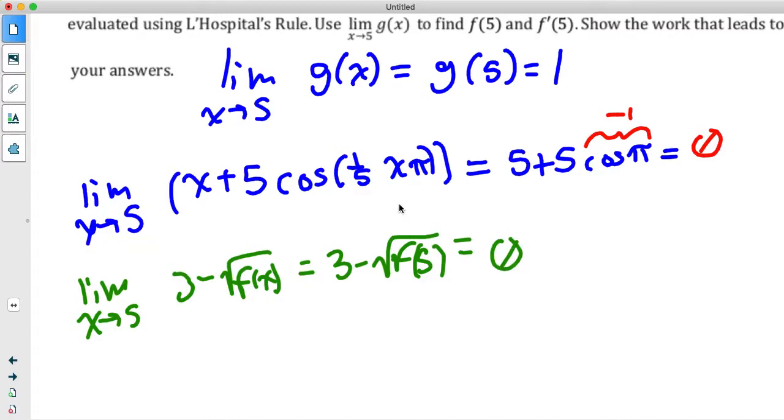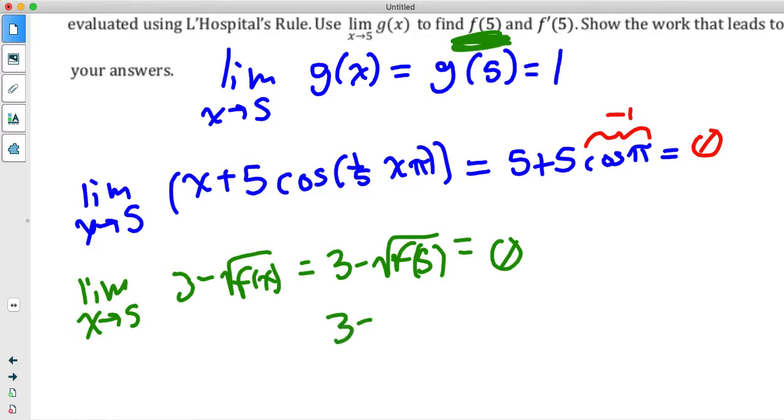Again, L'Hopital's rule says if the numerator is 0, the denominator is 0. That's part of L'Hopital's rule. Or it's infinity over infinity, which we didn't get here, so it has to be 0 over 0. Now we're just going to solve this for f of 5, the first part that I'm underlining at the top.